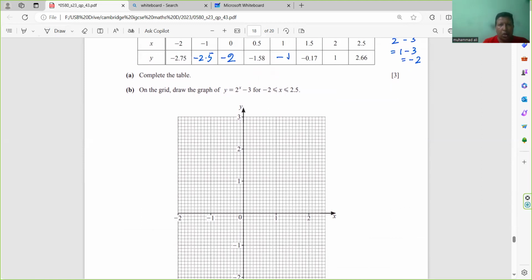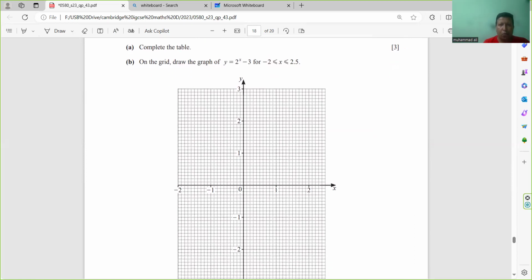On the grid, draw the graph of y equals 2 to the power x minus 3 for x greater than or equal to minus 2 and less than or equal to 2.5. If you observe, on the x-axis they took 2 centimeters as 1, and on the y-axis also 2 centimeters as 1.